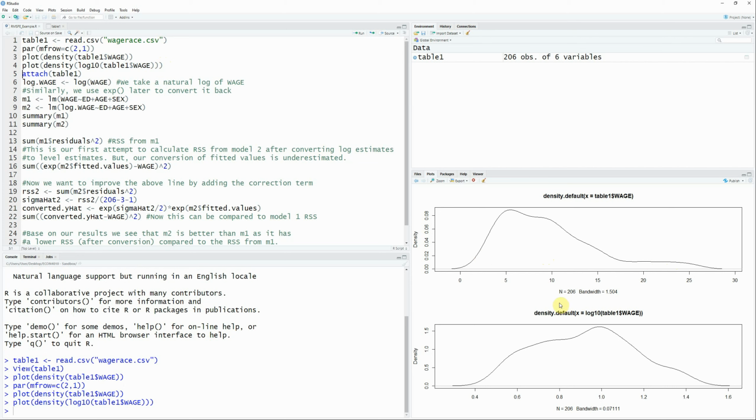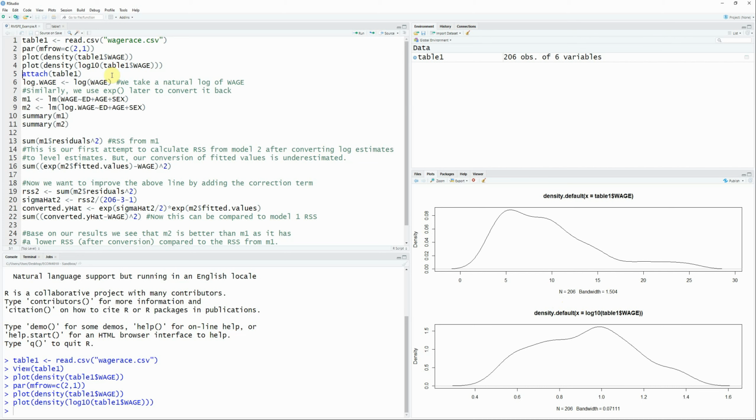Usually things that follow a power distribution, like wealth or income or price of a house, if we take the log of them, we end up with a more normal shape in our density.